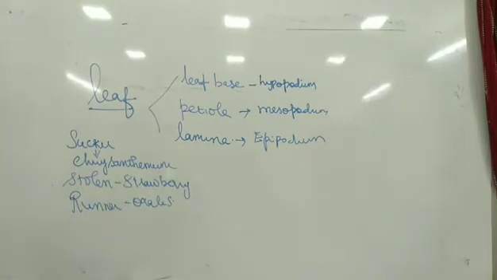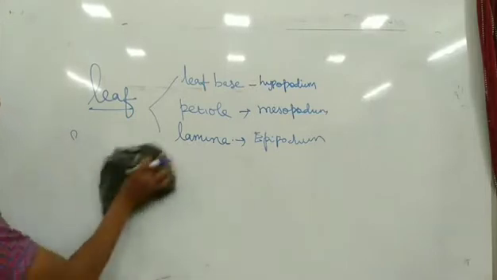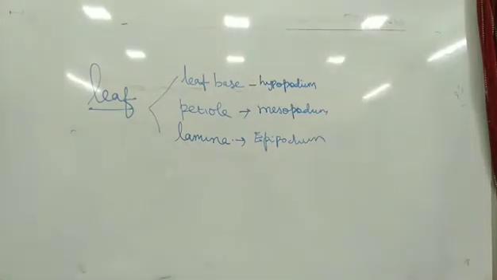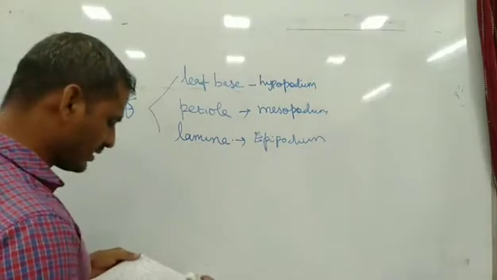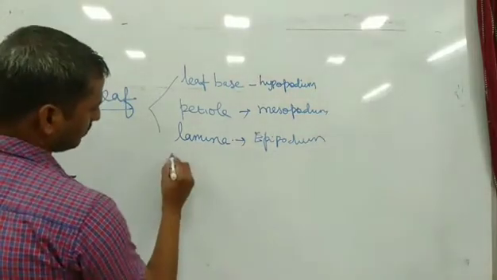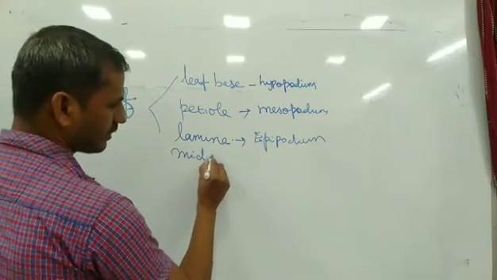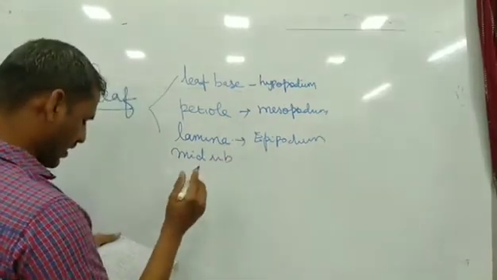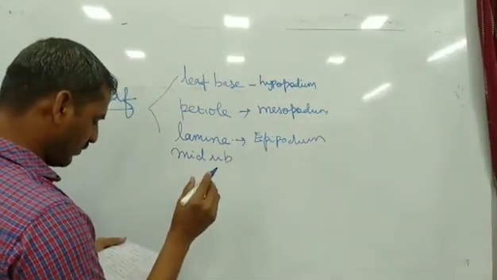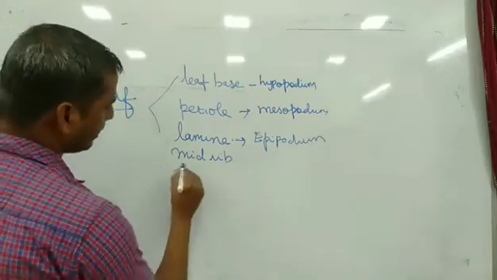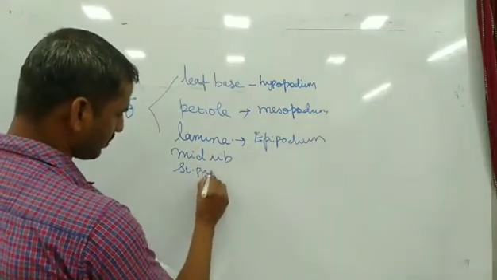Now the leaf area is mainly divided into three categories: leaf base, petiole, lamina, and hypopodium, mesopodium, epipodium. Other than that, the leaf has a midrib and stipules.